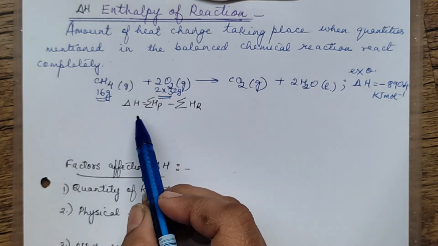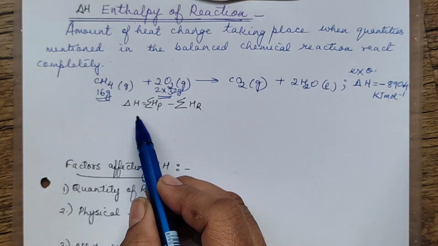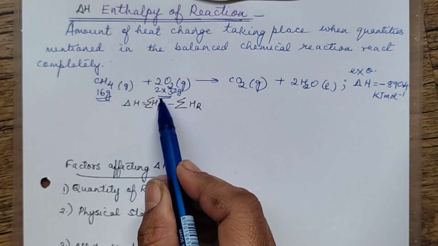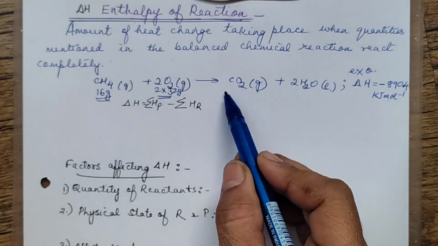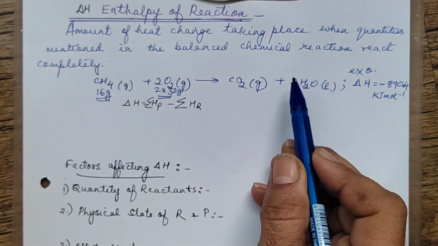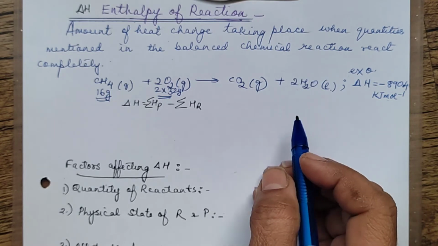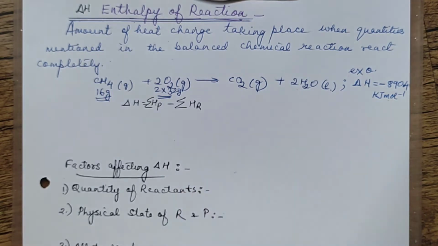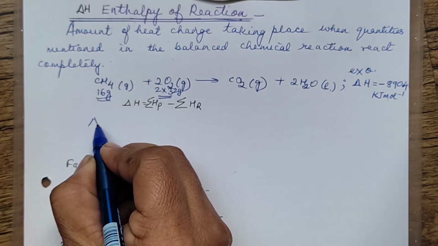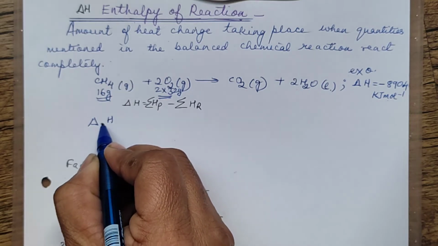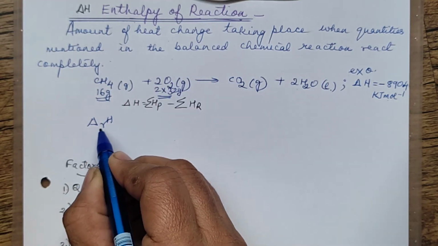In the general case, as I told you, we can only measure the change. That means the sum of enthalpies of the products minus the enthalpies of the reactants. That is called the enthalpy of the reaction. So we can write delta H reaction, the enthalpy of reaction, like this.